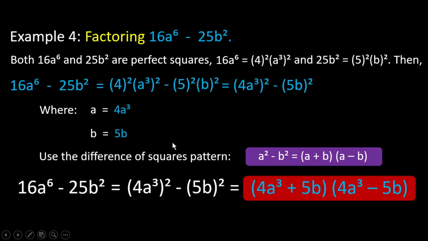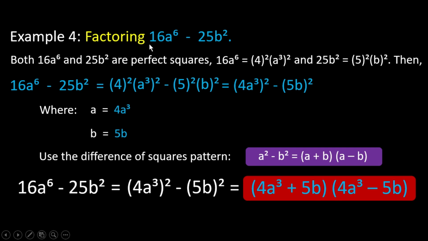Sa panghuling reminders ko or paalala, kailangan lang guys palagi nating makuha yung value ng a saka b. So, susundan lang ito yung process na ito sa taas. Then, magiging ganito yung kalalabasan para magamit natin yung pattern na ito.